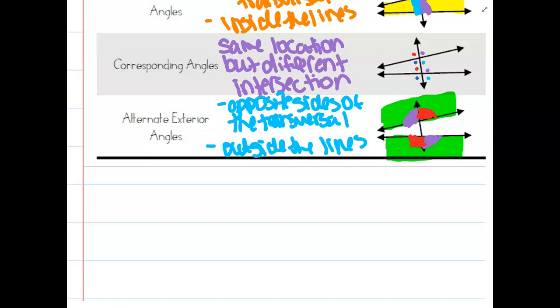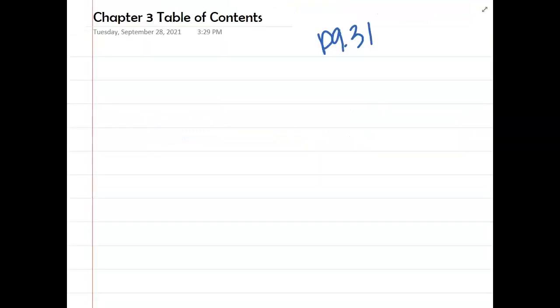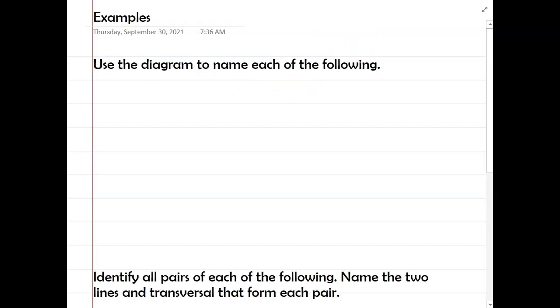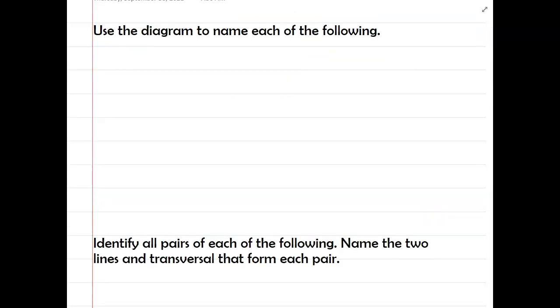Okay, I think we should have set up our table of contents yesterday. Hopefully it should be on page 31, which means this is going to be on page 33. Going to be section 3.1, and we are talking about lines and angles. Lines and angles. All right, so let's talk about our first diagram. We'll draw this together. What I want you to do is draw like a long rectangle.